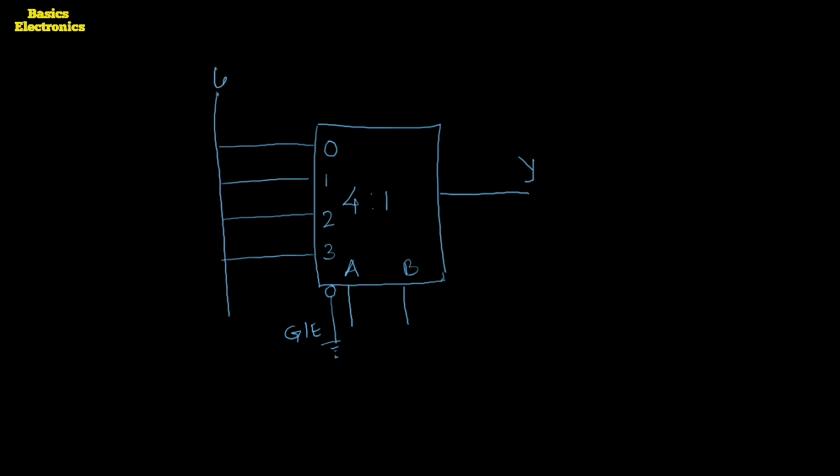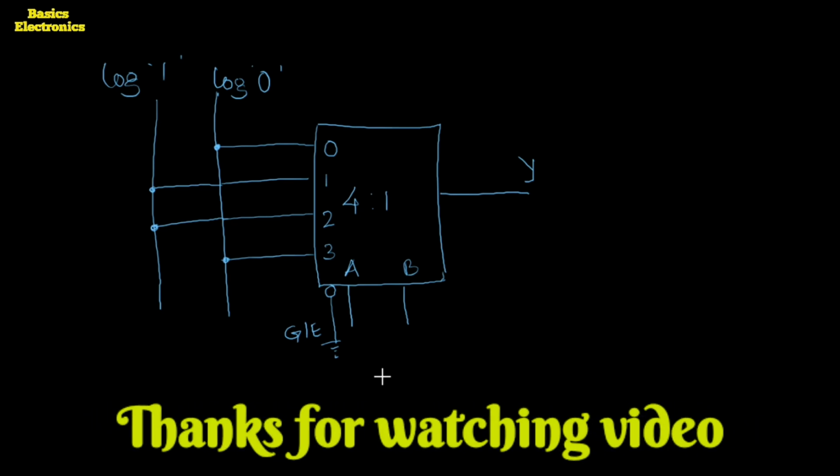This is the logic 0 line, and this one is the logic 1 line. The lines numbered 1 and 2 I am going to connect to logic 1, and these two are connected to logic 0. This is the implementation by using the multiplexer.